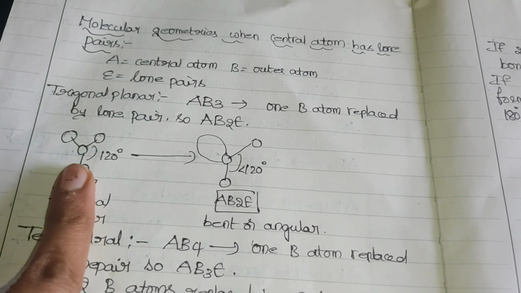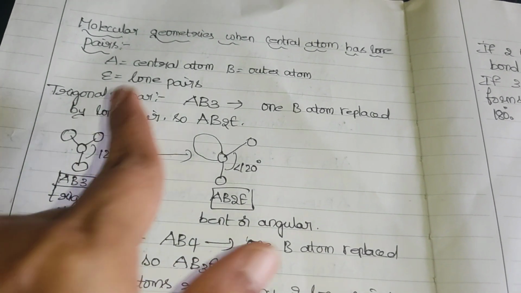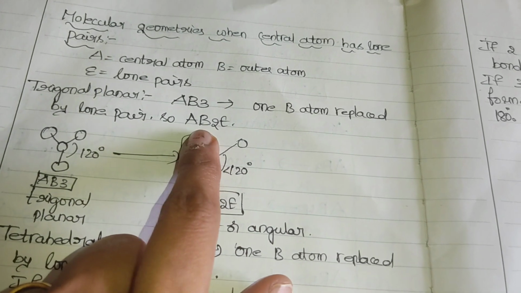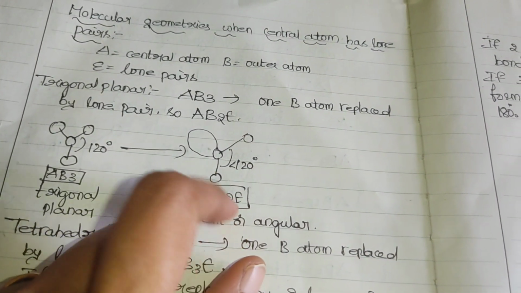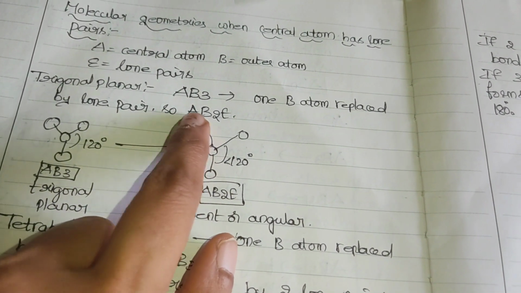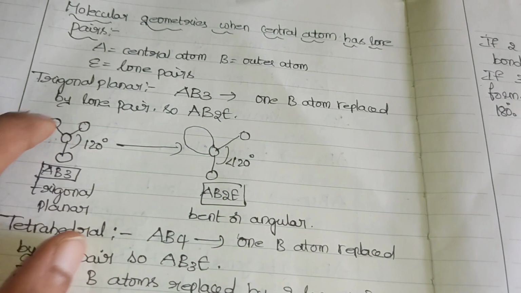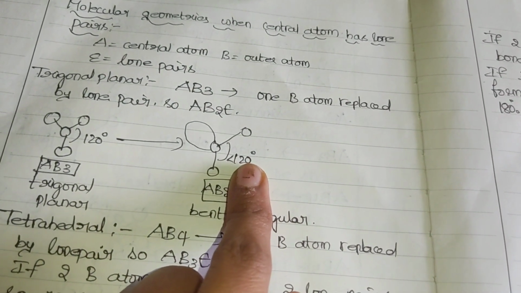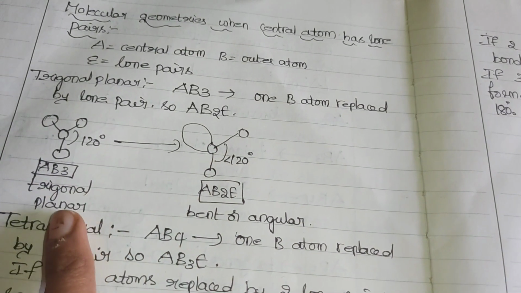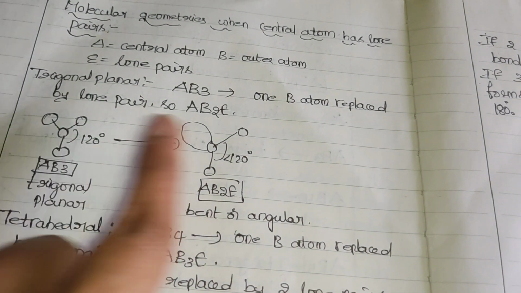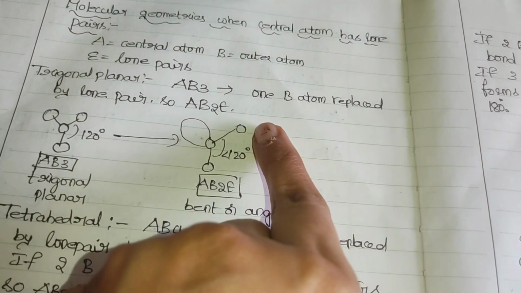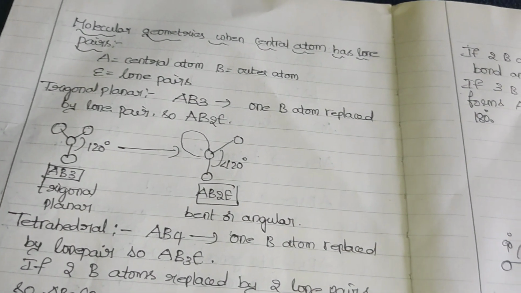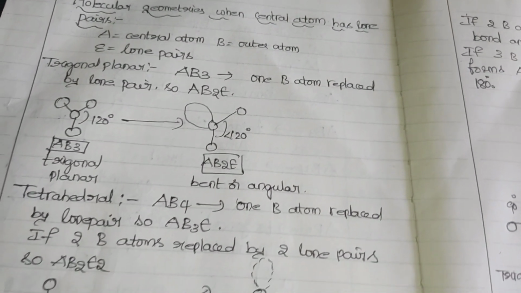If one B atom is replaced by one lone pair, it becomes AB2E. So the bond angle decreases to less than 120 degrees and the shape changes from trigonal planar to bent or angular shape.